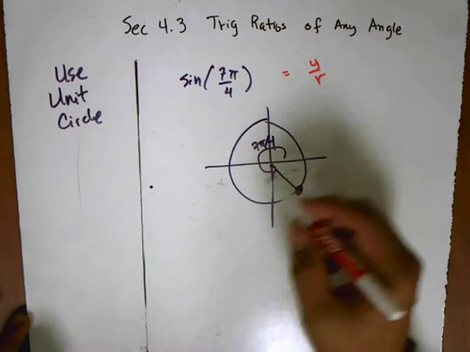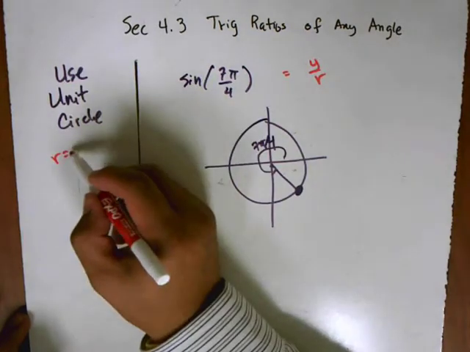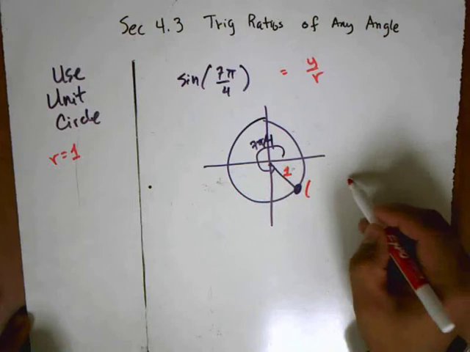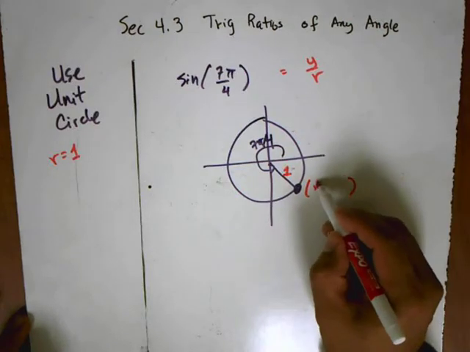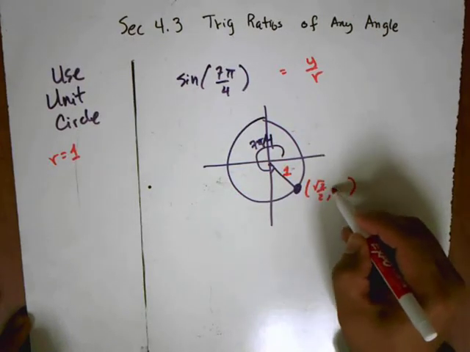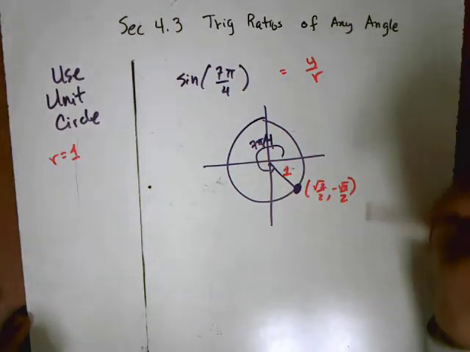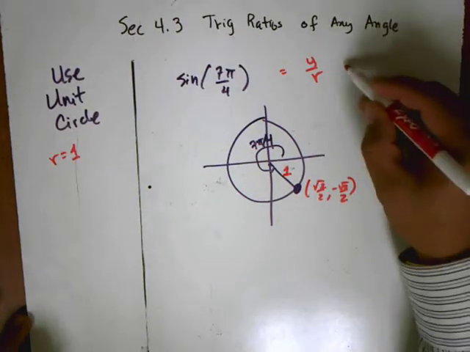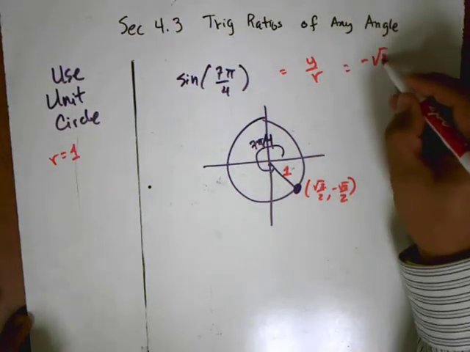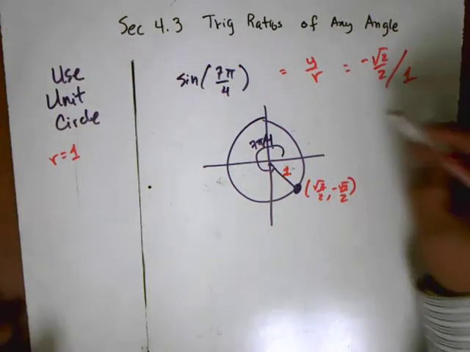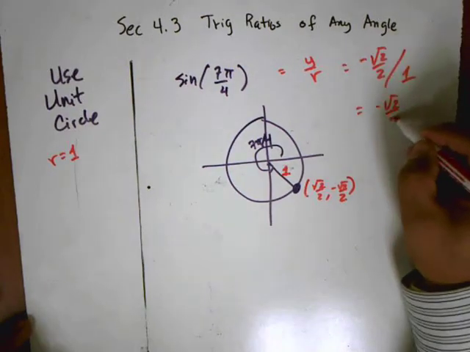But we know that in the unit circle, r is always 1. The coordinate of this point is square root of 2 over 2, negative square root of 2 over 2. So to get y over r, it's negative square root of 2 over 2 divided by 1, which is just negative square root of 2 over 2.